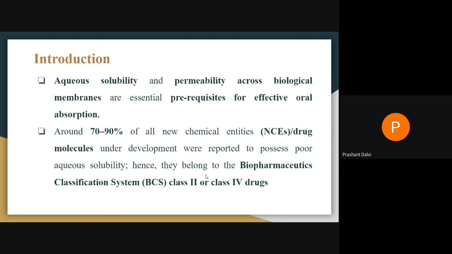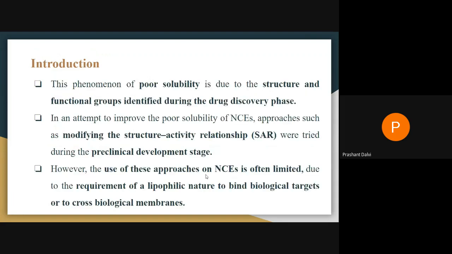So this phenomenon of poor water solubility is due to the structural and functional features identified during the drug discovery process. There are n number of methods by which we can improve the aqueous solubility of that particular drug. Yes or no? Different approaches are there.